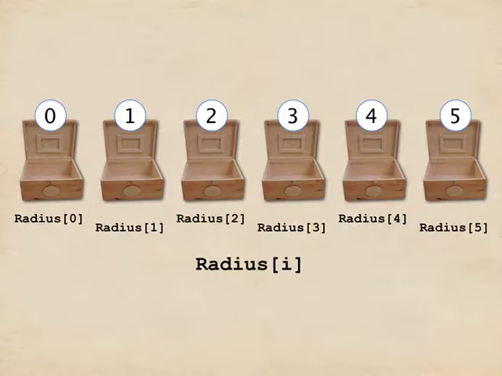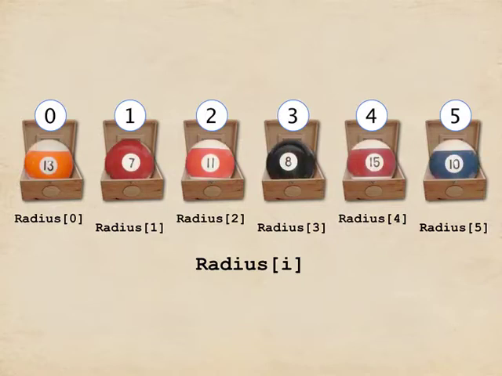There is no radius bracket 6 bracket because the list is only 6 elements long. And that means, starting with 0, we have entries 0, 1, 2, 3, 4, 5. Now we can put numbers into these 6 entries, and in this case they're integers, and we stick integers in them and we're good to go. In part 2, we'll continue to look at arrays, how to create them, and how to fill them in with values.